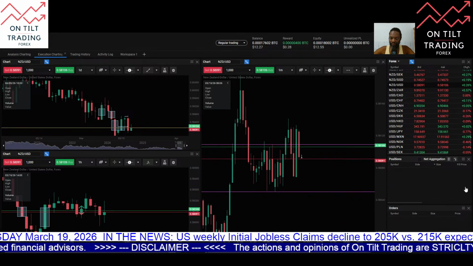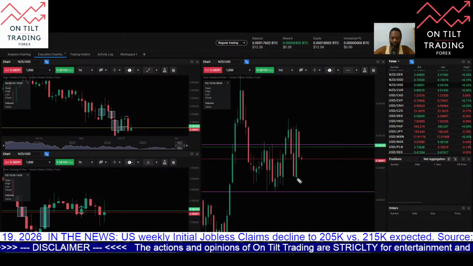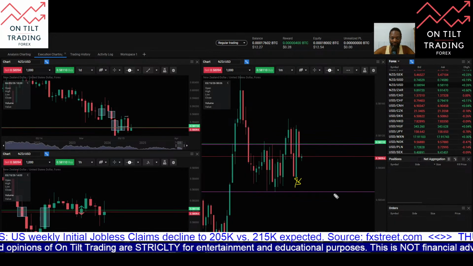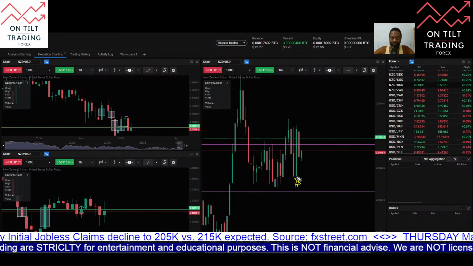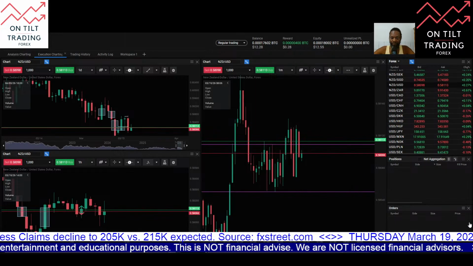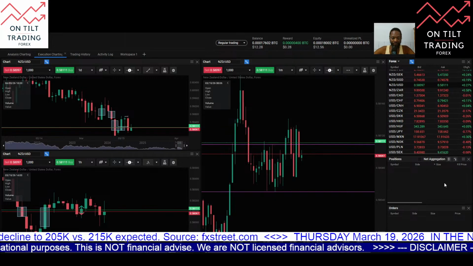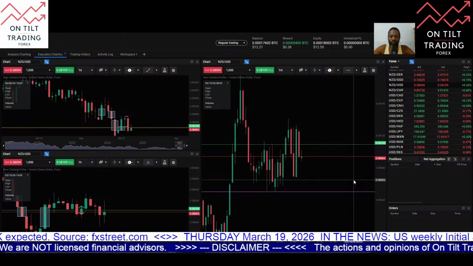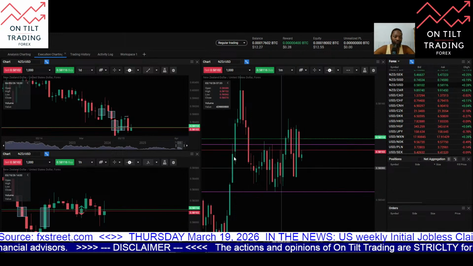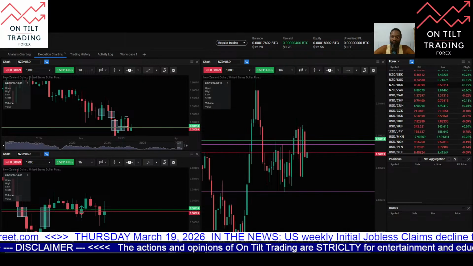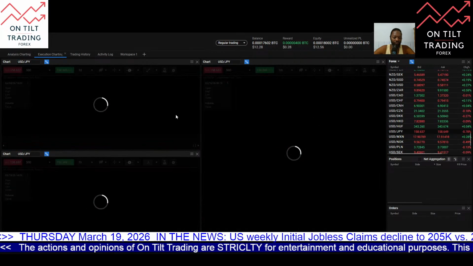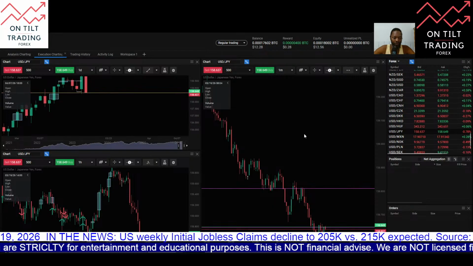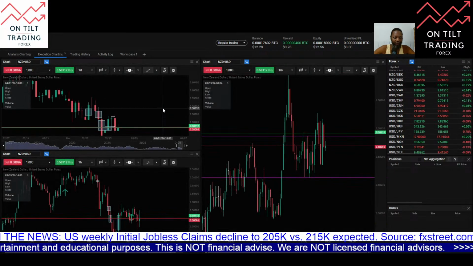So there is some liquidity right here. Still have a ways to go, if ever, with dollar yen.